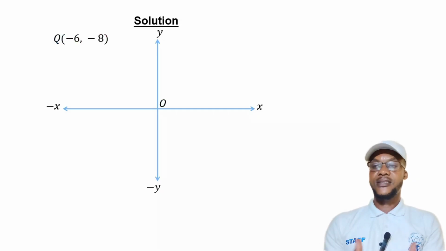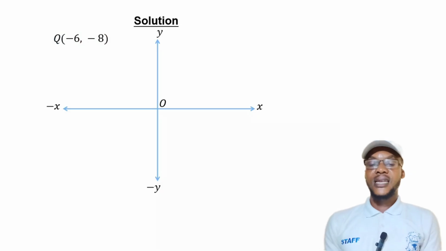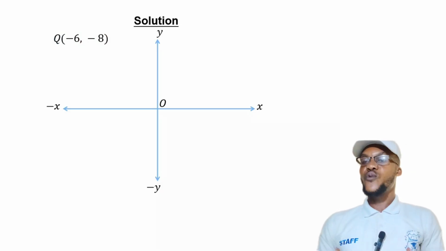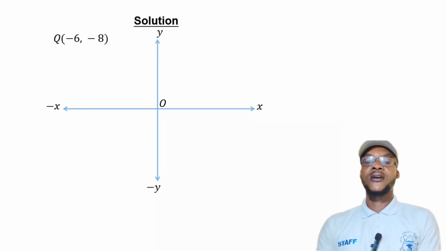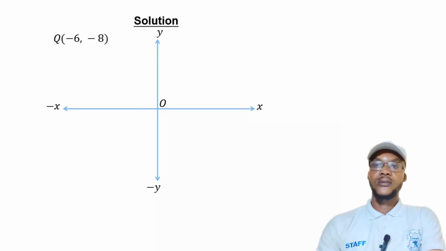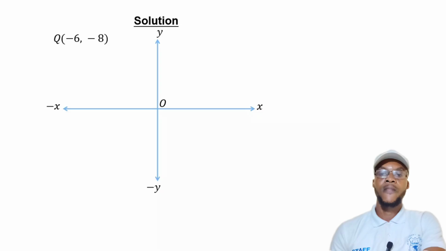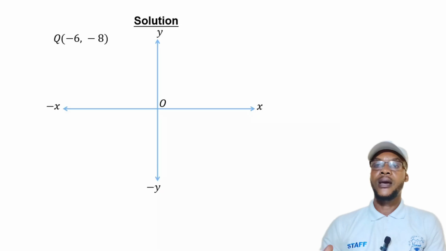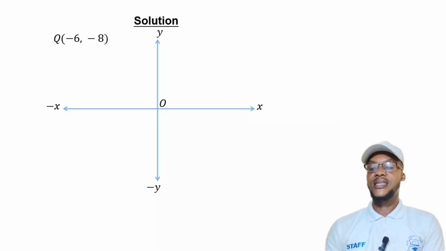We've done this initially: if x is negative, you know which quadrant it is going to. Here you realize that both the x and the y are negative. Then which quadrant are we going to draw our right angle triangle in? Since in the third quadrant both x and y are negative, our right angle triangle will be there.